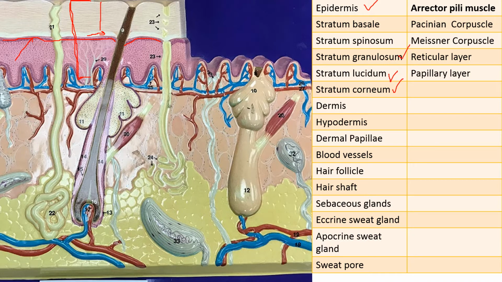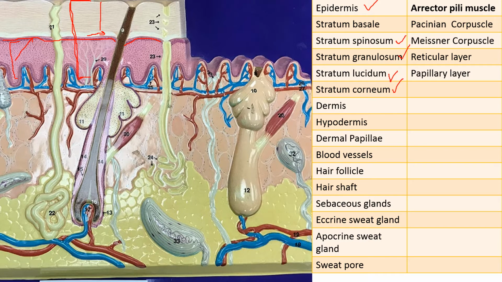Deep to that, we have the stratum spinosum, which consists of somewhere between 10 or 20 layers of keratinocytes. And these keratinocytes are becoming keratinized. They're developing bundles of keratin in their cytoplasms, and so they start to take on a spiny or spiky appearance, which is where spinosum comes from.